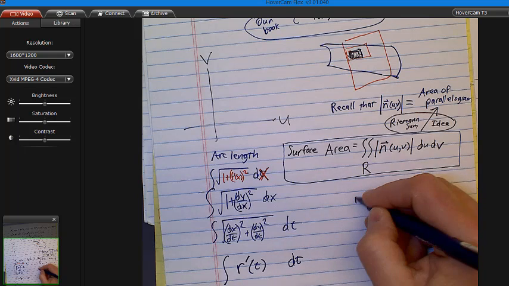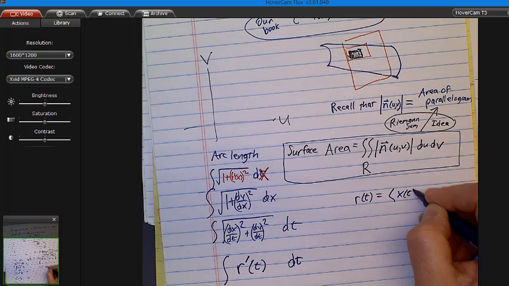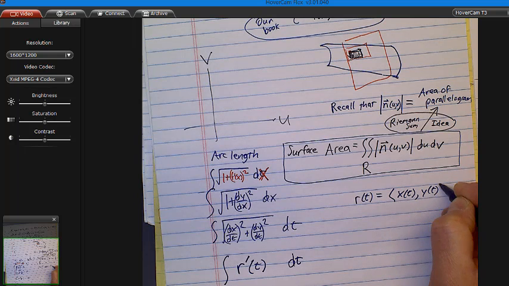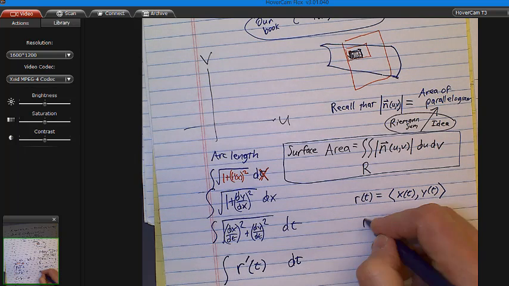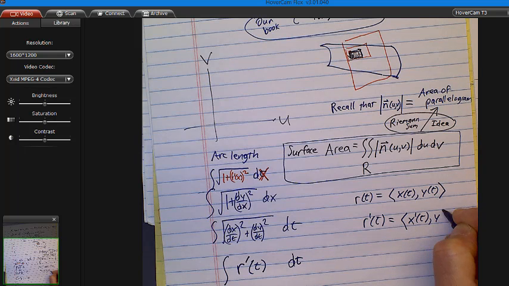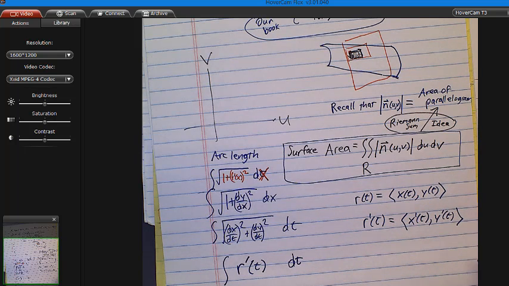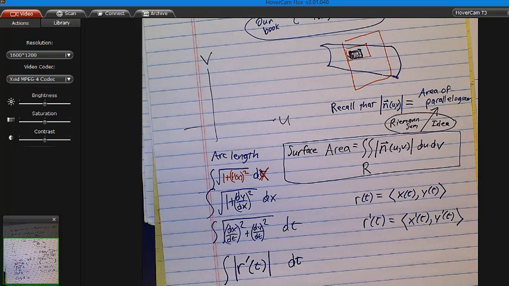What's r of t? 2 dimensions, guys. Oh, yeah. So if I say r prime of t would be x prime of t, y prime of t, right? So what is this? It's the square root of this squared plus that squared, right? So isn't that what it is?